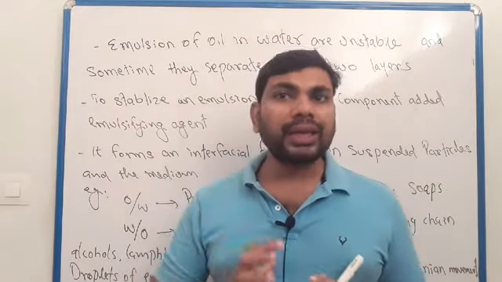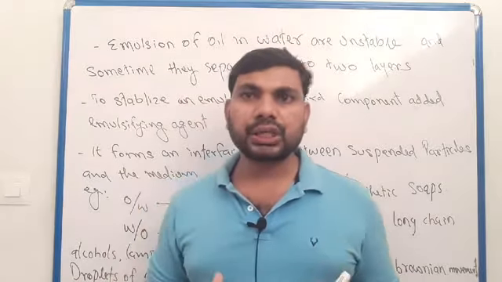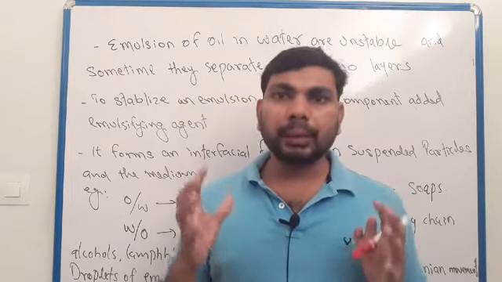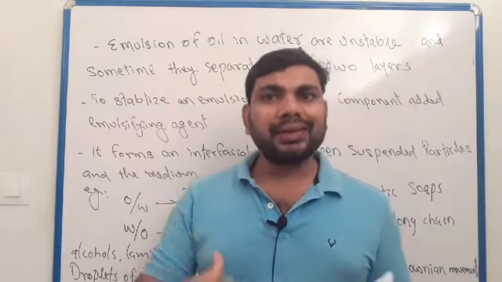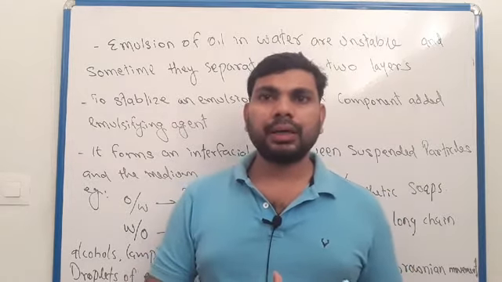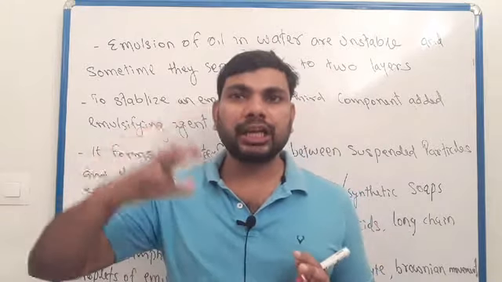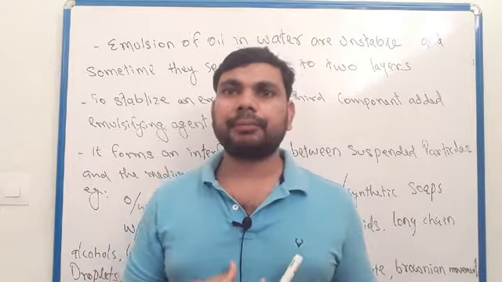Okay, next one we have to understand: emulsions. We discussed there are two different types of emulsion: oil in water and water in oil. Emulsions such as oil in water are comparatively less stable. When we keep them undisturbed, oil and water form two separate layers.